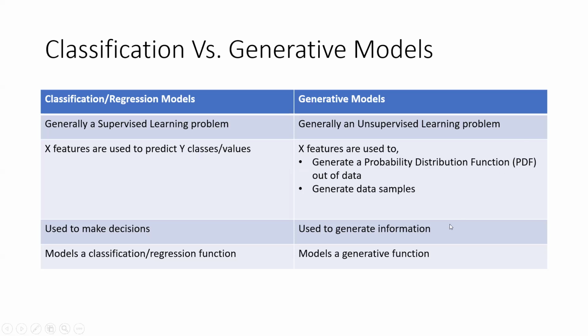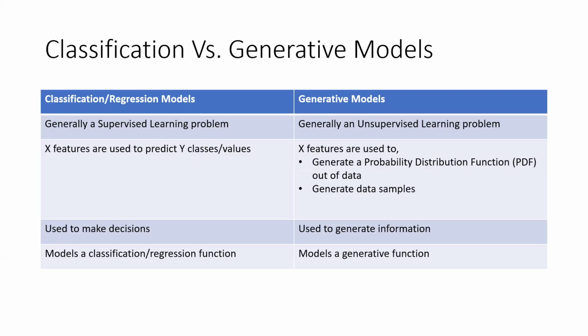So in some cases generating the PDF is important, but sometimes generating the samples is enough, right, when it comes to generative models. So we will see which of them are used for each requirement.